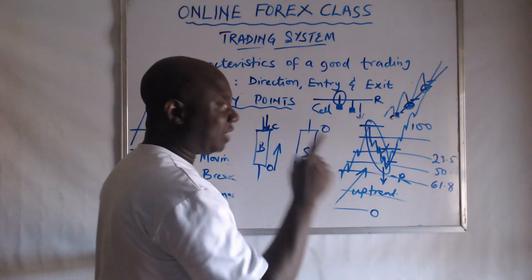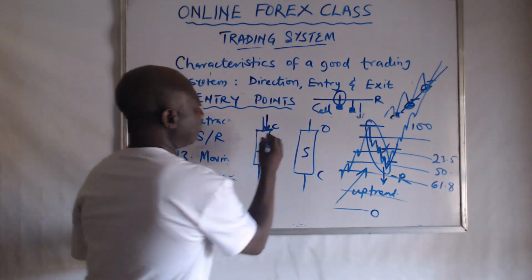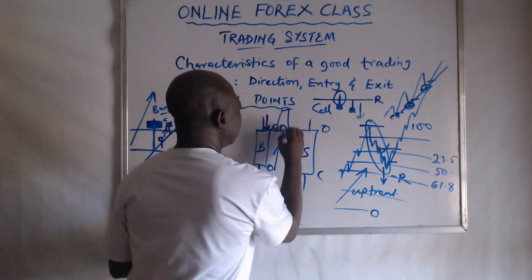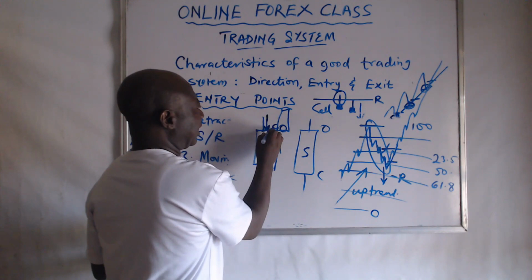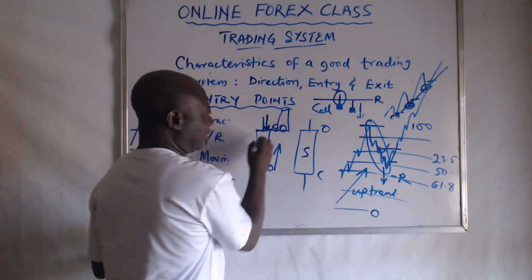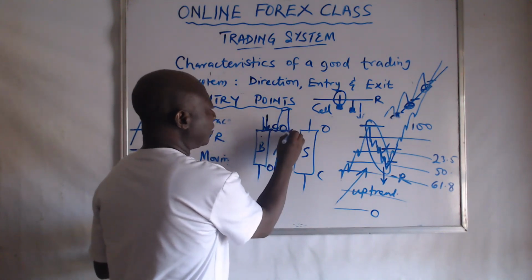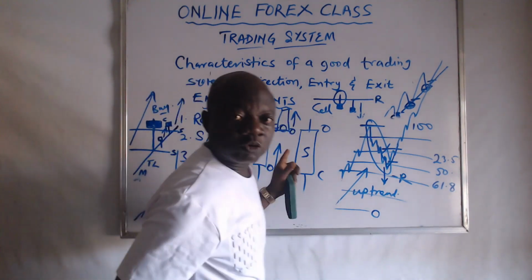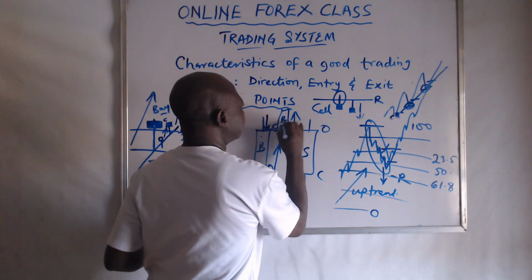So another one, if they still continue buying, another one will open at this place. This is the close area for this candle. This one will open at the same level, the open area for this new buy candle.